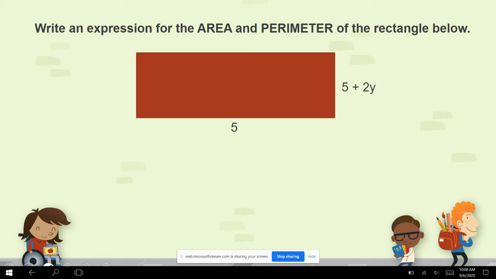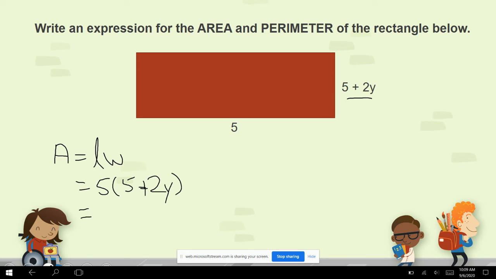So first, let's write an expression for the area of this rectangle. We know the area of a rectangle is the length times the width. Well, the length is 5 and the width is 5 plus 2y. Remember, we need to make sure we multiply the 5 times the entire width, so that 5 plus 2y has to be in parentheses.